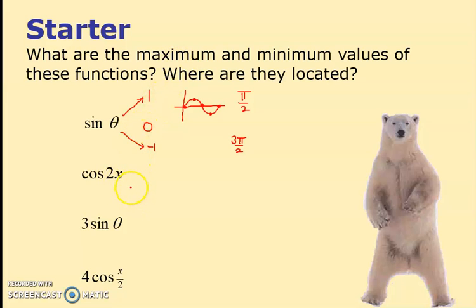Now cos 2x is a different ballgame, because although it's a cos graph, although it goes up to 1 down to -1, the 2x is like a transformation, it's like a stretch, well, a squash really. And so a cos graph generally looks like this. What you normally do is it goes up to here at 360 degrees, or 2 pi. But because of that stretch by a scale factor of 1/2, it's only a pi there.